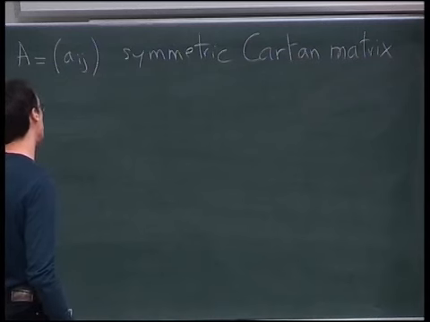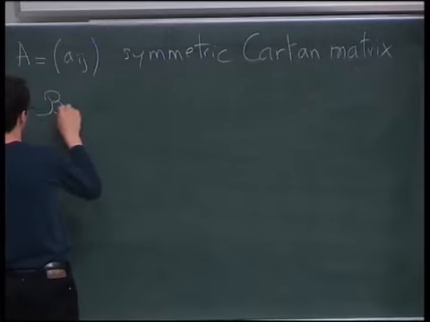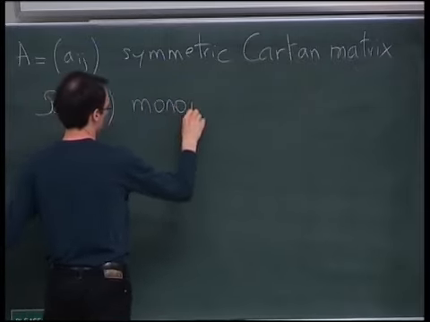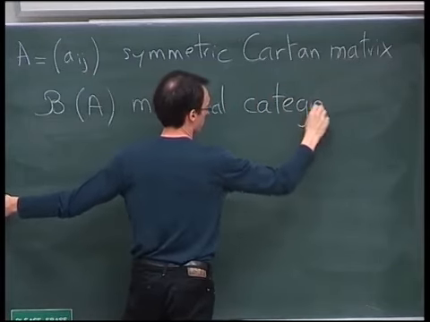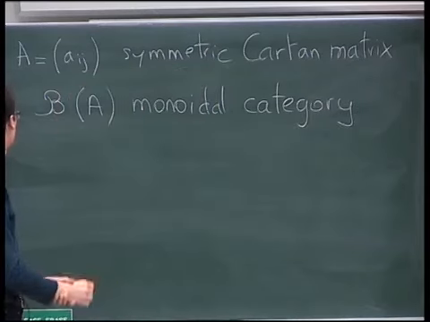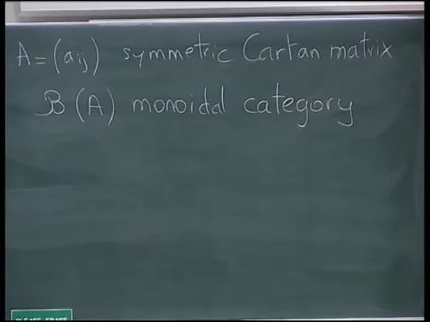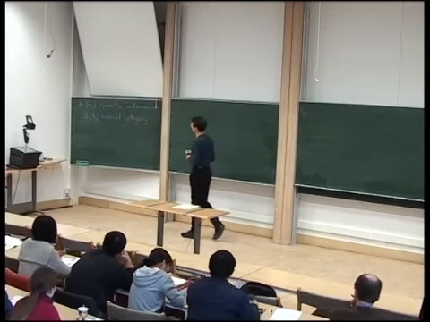And associated with this matrix, I will define a monoidal category. That monoidal category builds on the Hecke algebras I defined yesterday, but I will give a direct presentation of that category.